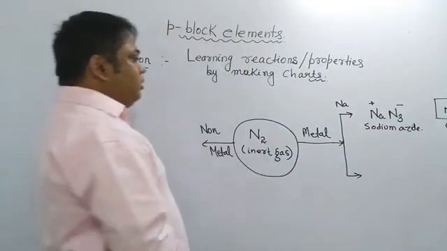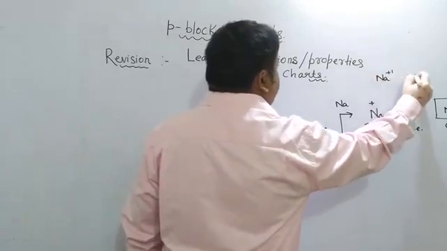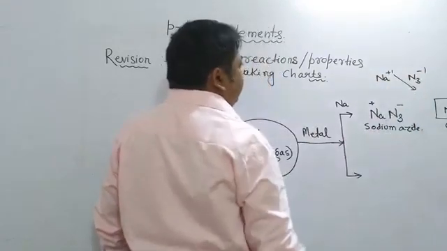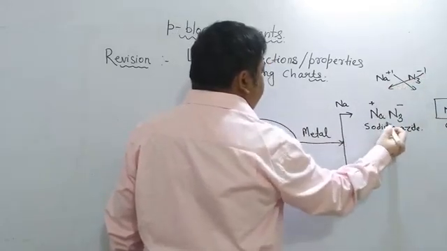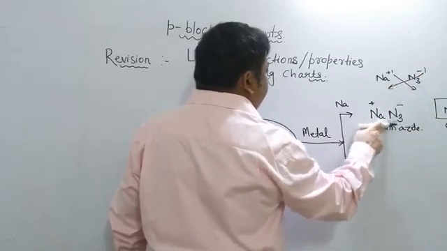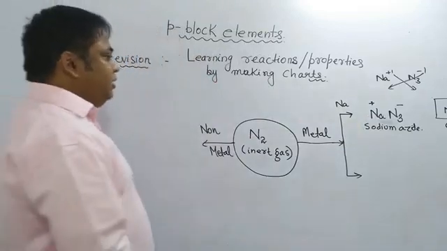Now, how to write these molecules? It is very easy. Sodium has +1 charge and azide has -1 charge. So one sodium can combine with one azide, and so their formula will have a 1:1 ratio. In this way you can apply the concept and find out the product. What happens if it reacts with lithium?